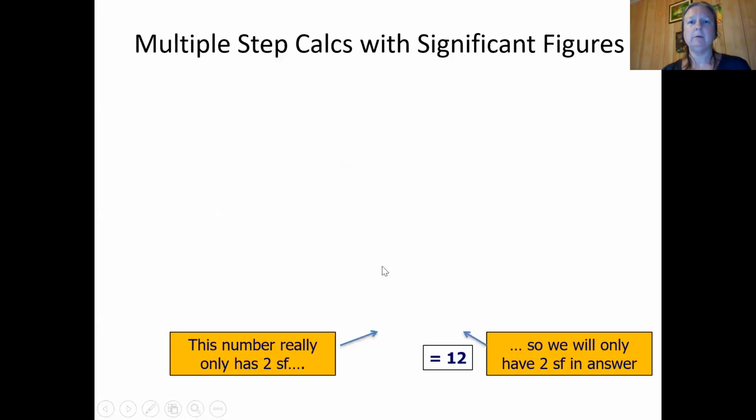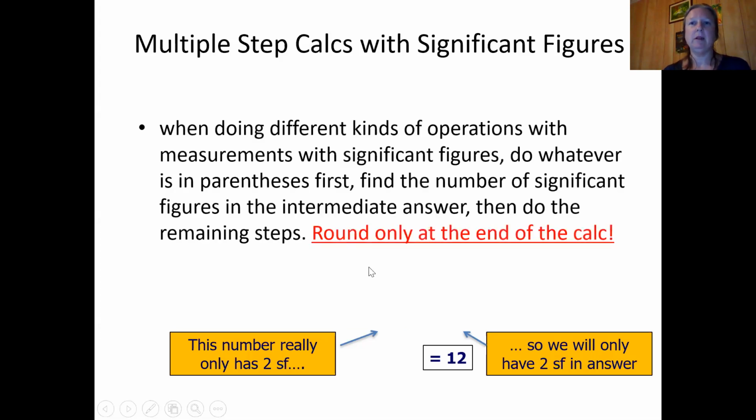All right. What if you are combining different types of math? What if you're doing addition and multiplication? You have to follow the rules as you go along. You have to keep track. So I wish I had a huge whiteboard for this.